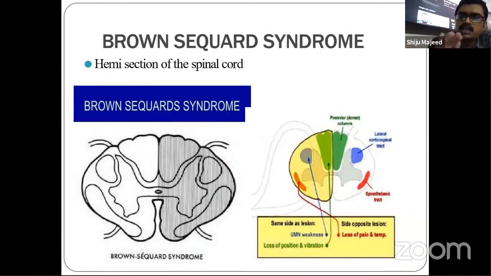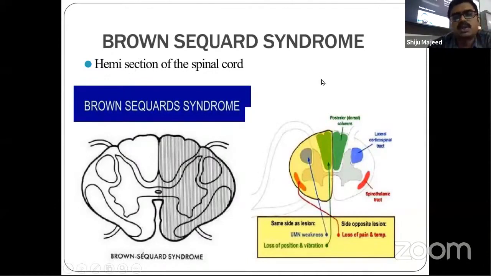The posterior column consists of position sense, vibration sense, and some amount of fine touch. The corticospinal tract is important for the motor part.